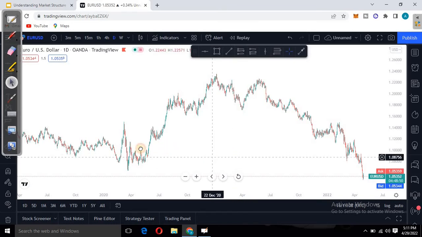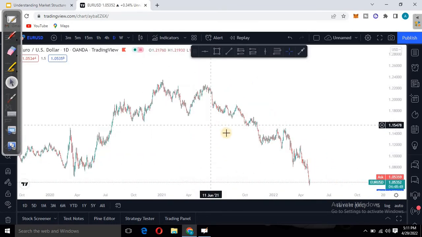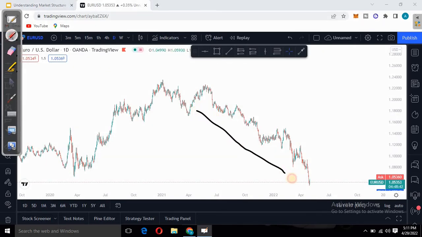So if you take a look at here, you see that here we have a downtrend, just like I explained to you. And in a downtrend, what are the characteristics we are looking for? You see lower high, all right? Here is lower high. The same thing is applicable to this place. You see the same thing here, lower high.